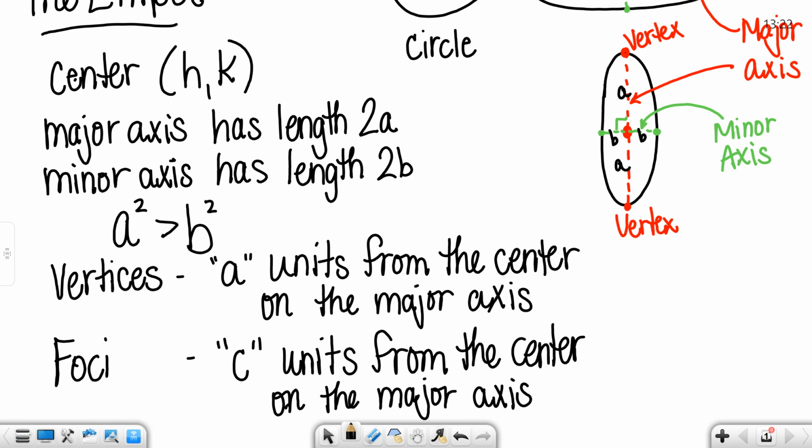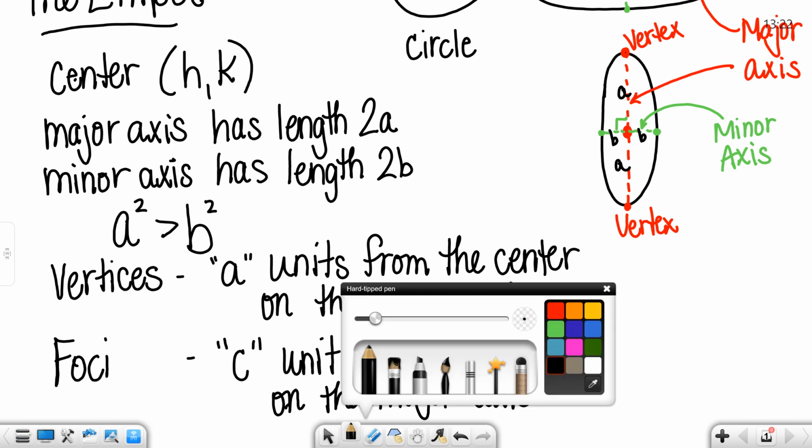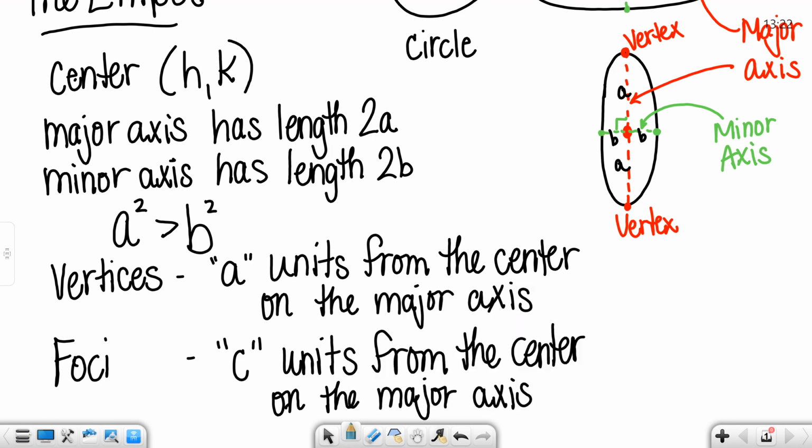I don't have the focus up there, and I don't have the value C written up there. So let me use another color. I'll use blue. All right, so on our diagram, the one that we can still see, our focus is going to be somewhere on the major axis, and the distance from the focus to the center is going to be C. Now, I'm not going to draw that. There's too much going on in that diagram.